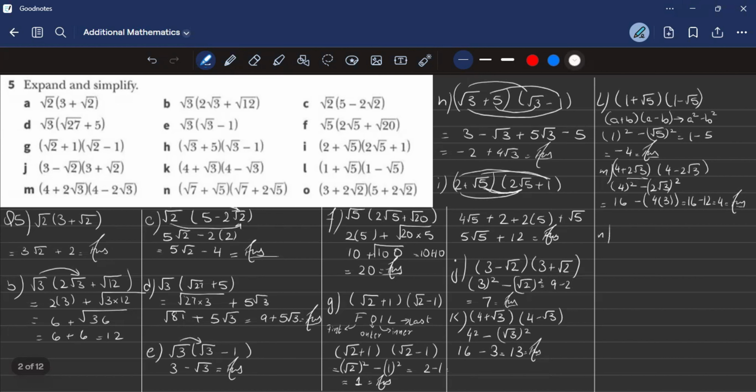For part N, we have under root 7 plus under root 5 multiplied by under root 7 plus 2 under root 5. Now, I'm going to keep it as basic as possible, and I'm going to use the one and only FOIL method. So the first value multiplied by the first value is equal to 7.